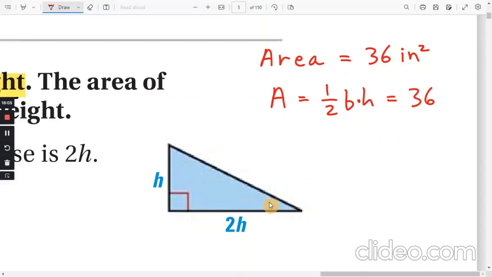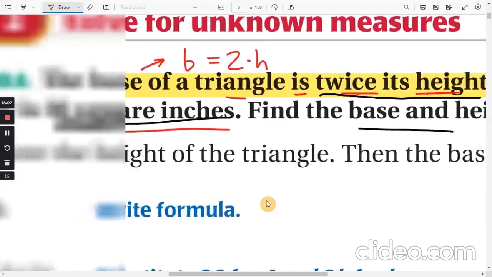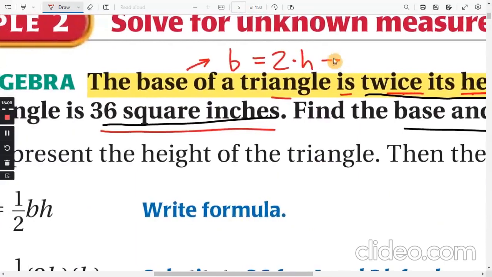So now what we can do is use this equation and substitute it or plug it in. All right, so in place of B, since B equals 2 times H, I'm going to plug in 2 times H.